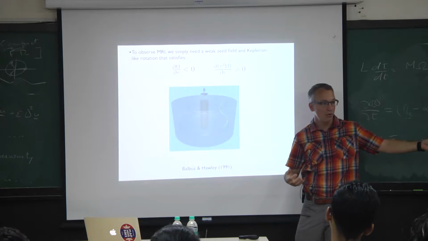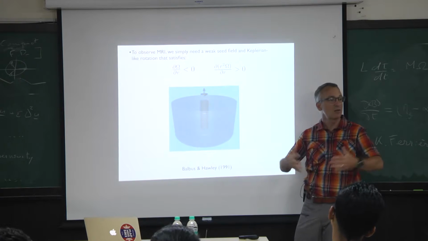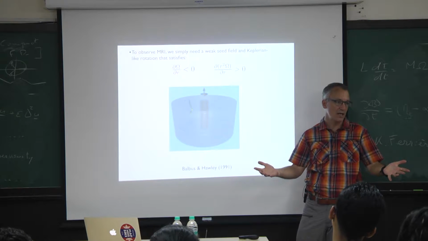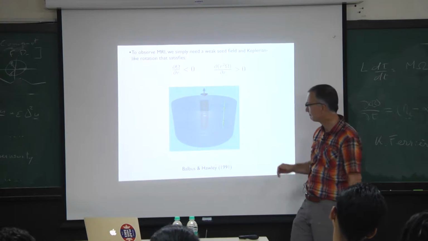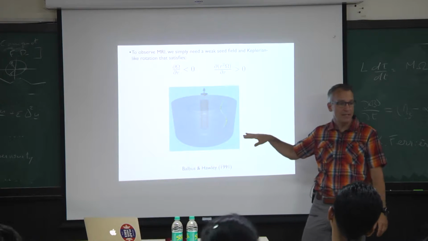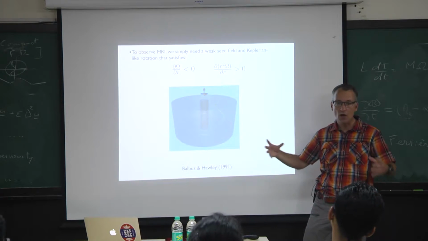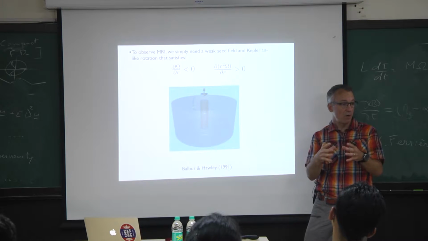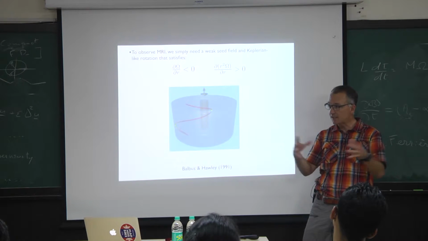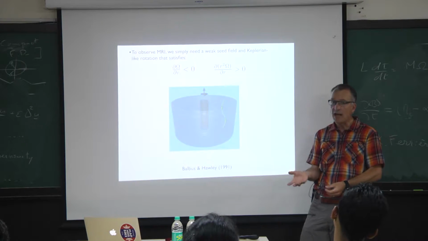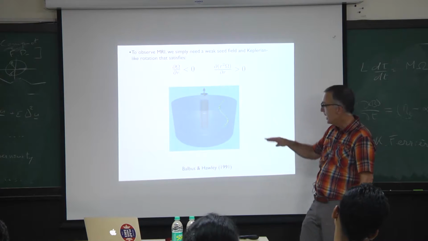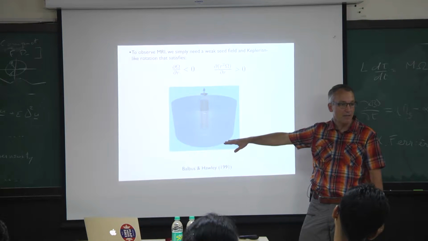It moves to a bigger orbit, and this gives a runaway effect, which is called the magneto-rotational instability. Okay? So this is probably an essential ingredient in explaining how stars are formed, how protoplanetary disks manage to come together, how black holes function. And the magnetic field is a critical part of this.